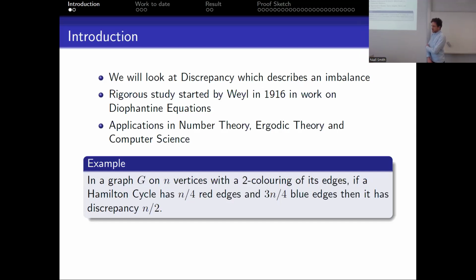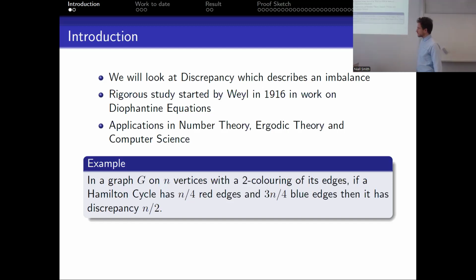To warm up, a very simple example of what we will mean by discrepancy: for a graph on n vertices with a 2-coloring of the edges, if a Hamilton cycle has a quarter of the edges red and 3/4 blue, then the discrepancy is a half. So it's the difference between the dominant and the less dominant color.